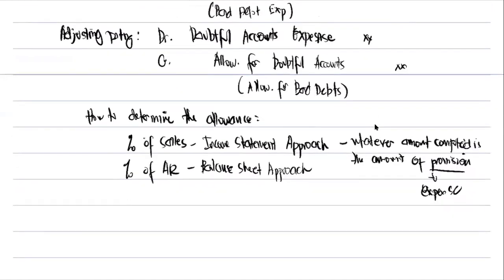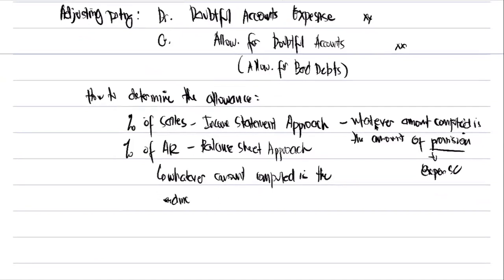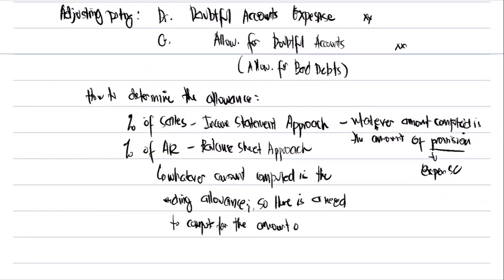Okay? While in your percentage of AR balance sheet approach, whatever amount computed is the ending allowance. So there is a need to compute for the amount of provision.